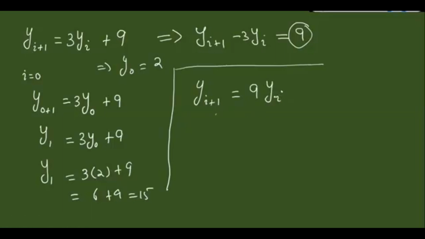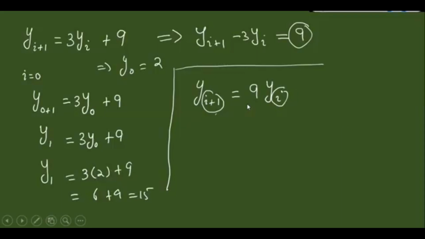Why first order? Because in the equation of discrete variables, only two states are involved, y_i and the one immediately ahead of it, y_{i+1}. Two consecutive states are involved. So it is first order, and the coefficients are constant, so we can consider it linear.